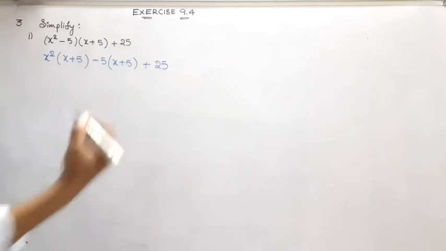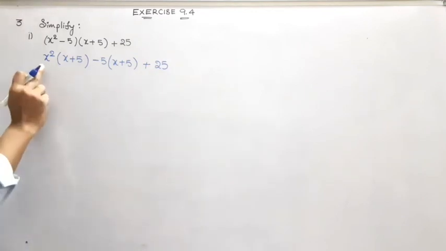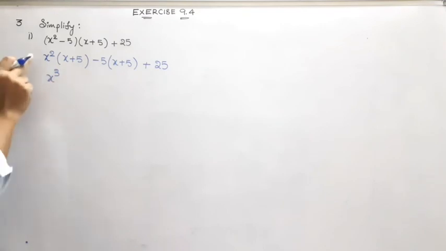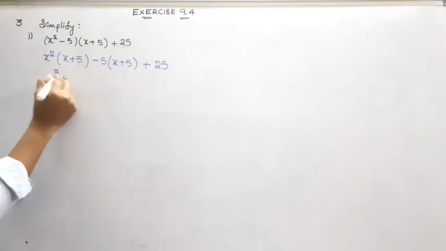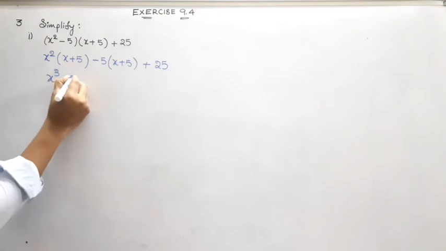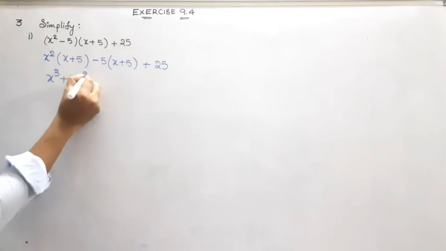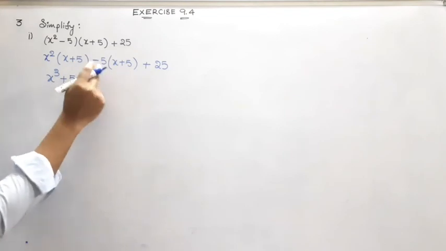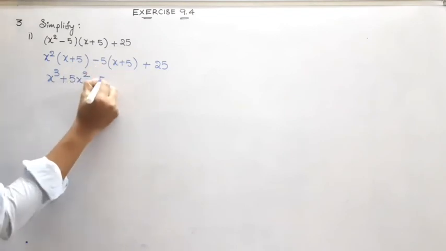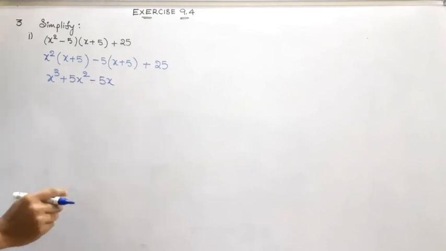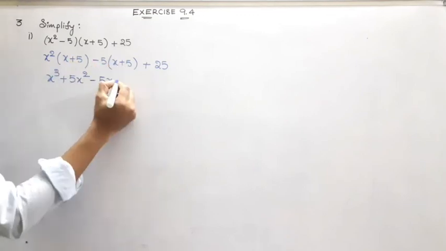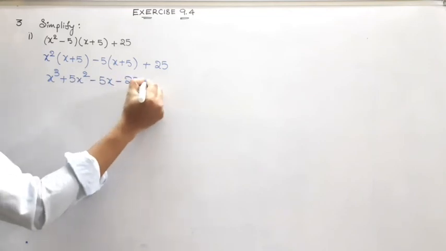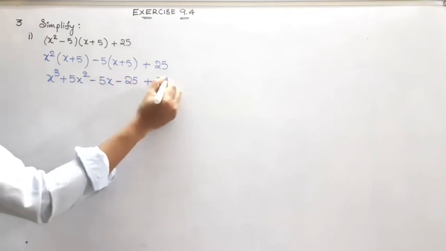Now look, x square multiplied by x gives us x cube, plus into plus is plus, x square into 5, 5x square. Now minus into plus is minus, 5 into x gives us 5x, minus into plus is minus, 5 into 5, 25, and the leftover plus 25.